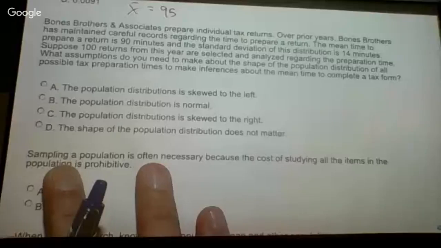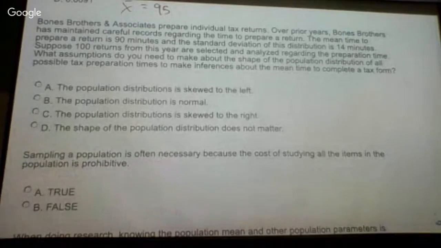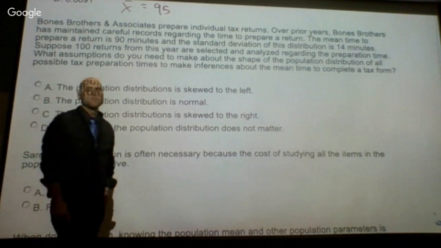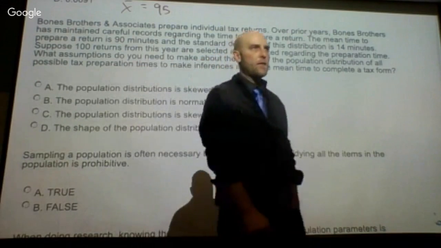Suppose 100 returns from this year are selected and analyzed, and so on. What assumptions do you need to make about the population to draw inferences about the mean?